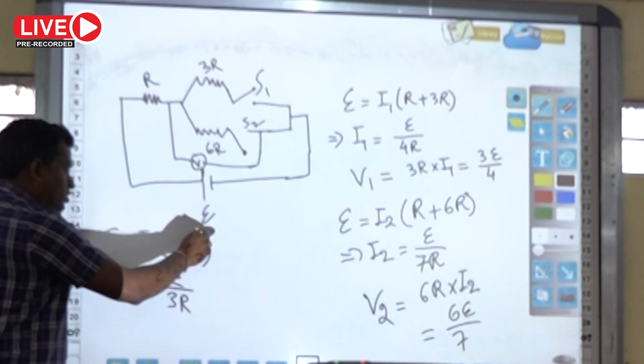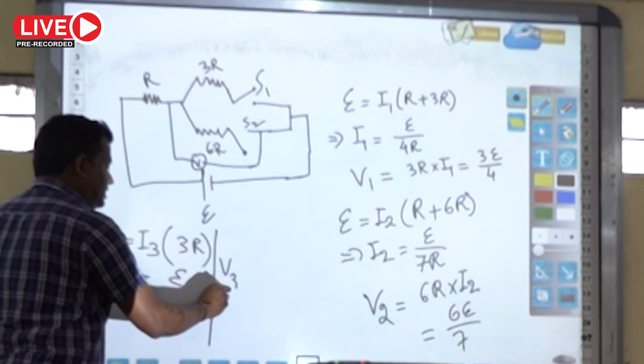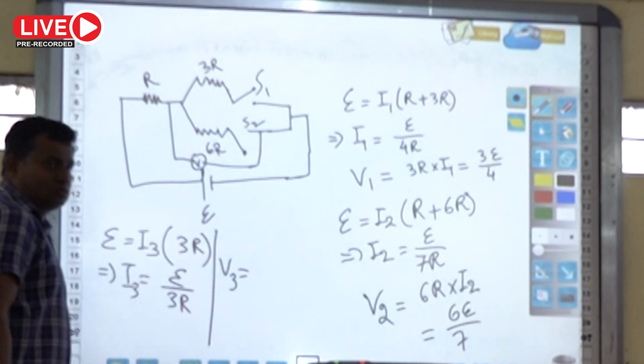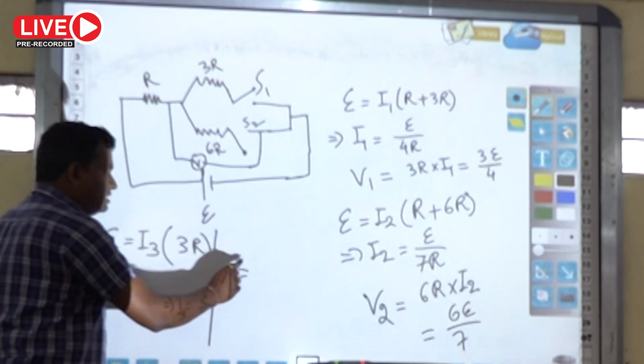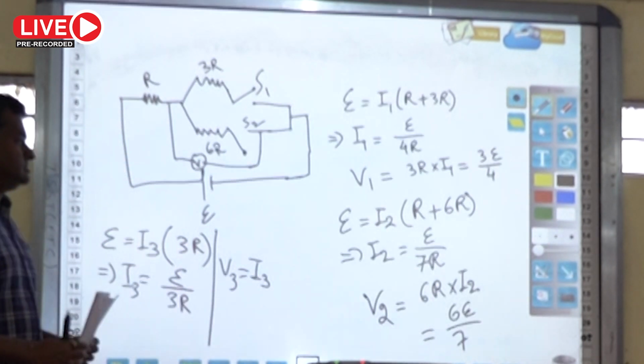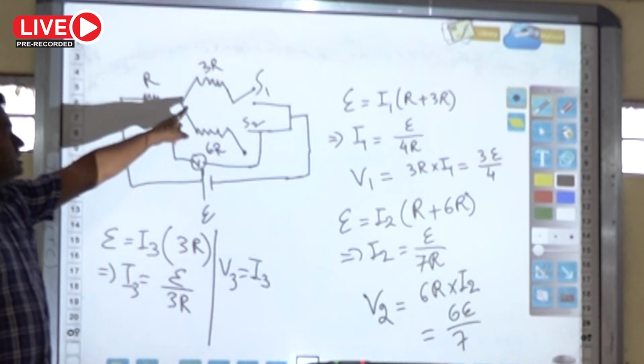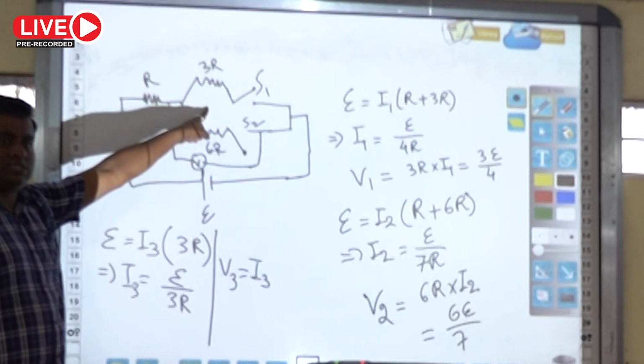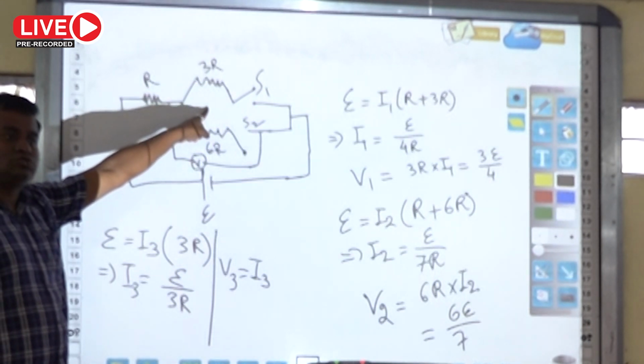Now the reading of the voltmeter in this case will be V3 equal to this I3 multiplied by the equivalent resistance of these two, that is 2R.